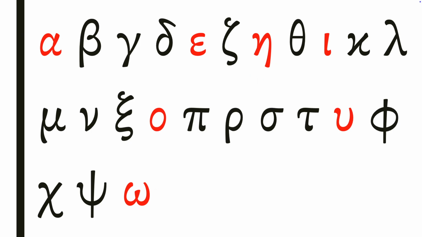These two, which are both long vowels, look sort of like English consonants, the English N and the English W, but eta and omega are vowels in Greek. So eta, iota, omicron, upsilon. So once again, alpha, epsilon, eta, iota, omicron, upsilon, and omega are the vowels in Greek, while the rest of the characters are consonants in Greek.